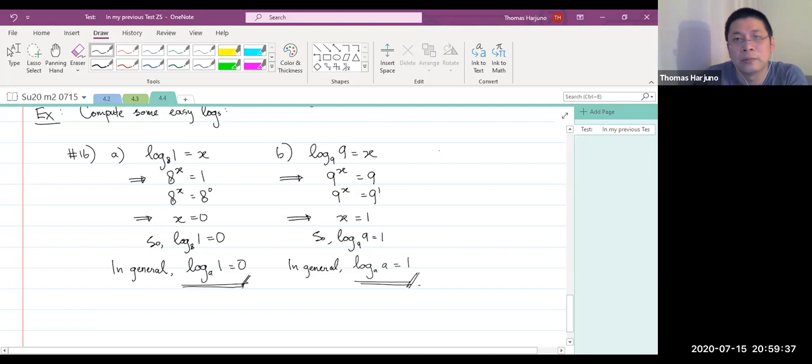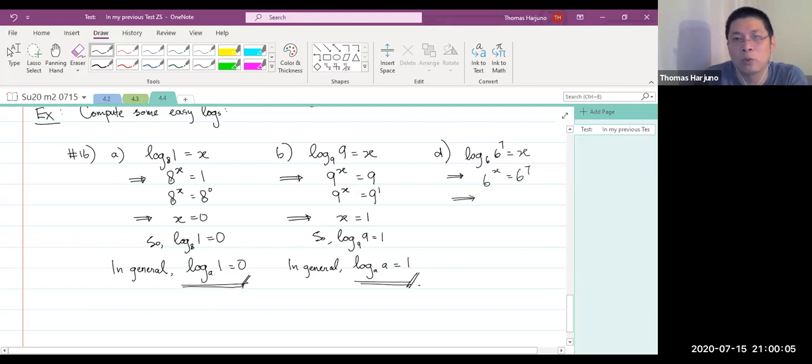Part D. Now you can try to do part C if you like, but you will see it's not possible. Log base 6 of 6 to the 7 is what? Again, let's call that x. You see my trick here? I basically rewrite that into exponential form: 6 to the x equals 6 to the 7.